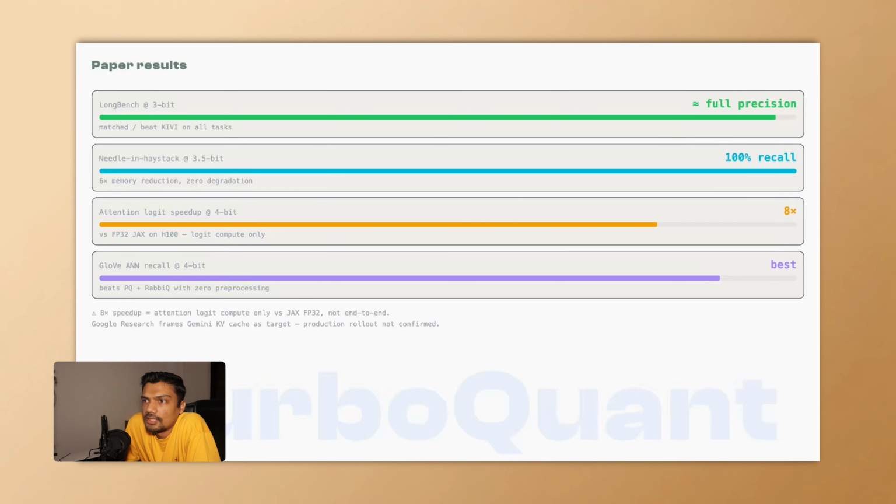The paper also discusses entropy coding of the codebook indices. Since coordinates after rotation follow a beta distribution, some indices are more probable than others, and Huffman coding can squeeze out additional bits beyond the nominal bit width. We skipped this, but it's a clean extension if you want to push compression further.